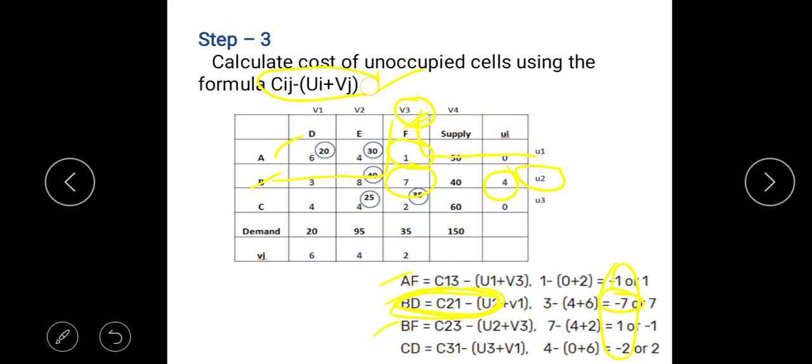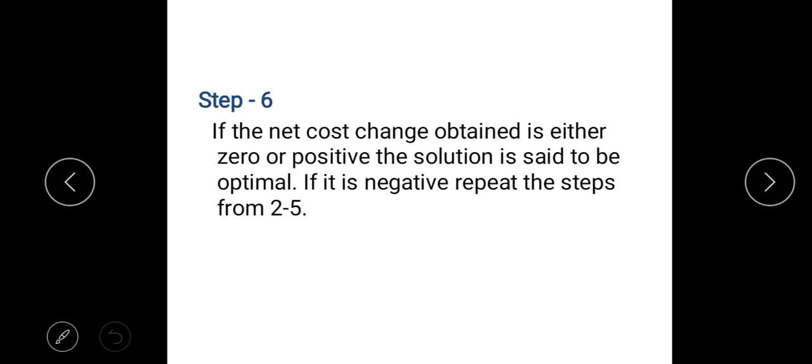You can observe the formula here. Using the same formula we have to calculate, and if the values obtained are either 0 or greater than 0, the solution stops there, we have obtained optimality. And if it is negative, again we have to repeat steps 2 to 5. So this is the modified distribution method.